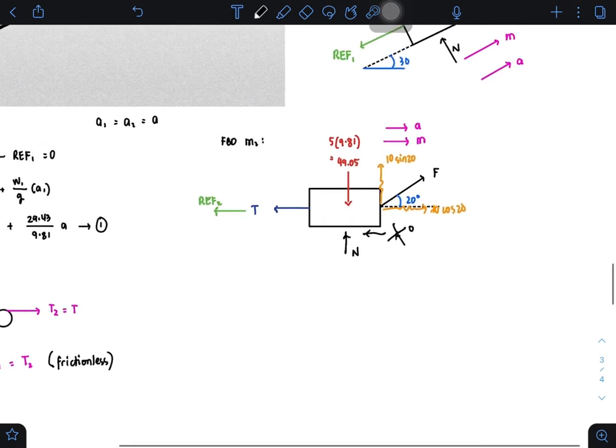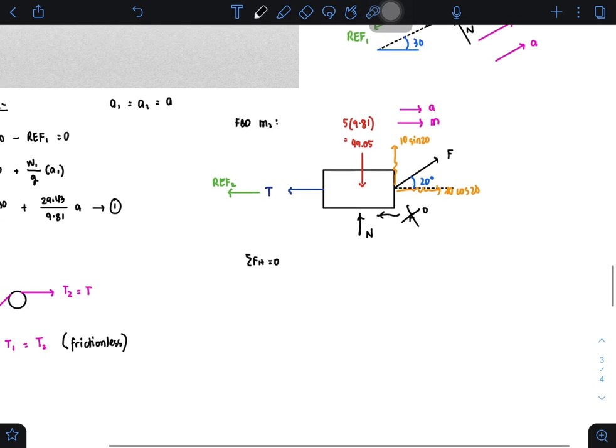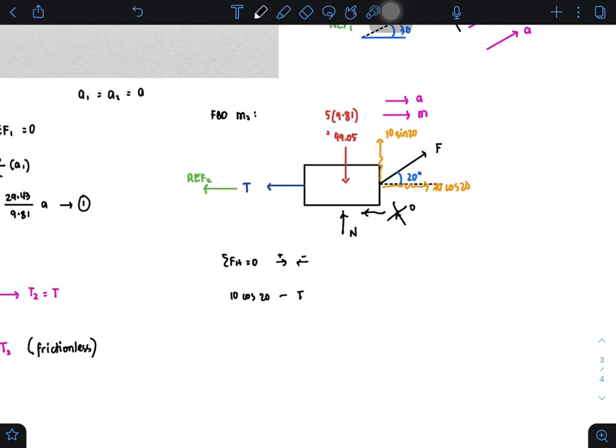So what we're going to do now is the summation of forces horizontal, equal to 0. To the right is positive, to the left is negative. So to the right is 10 cosine of 20, minus the tension, minus W2, equal to 0.